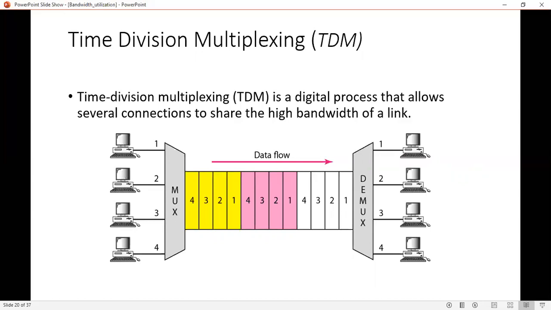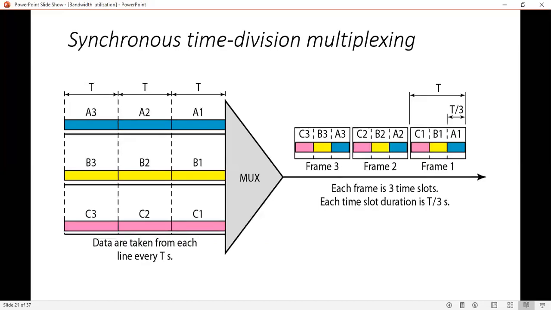Here you can see in the diagram the data flow, where you have 4 units each from 4 input lines. These 4 units each are the time slots. Next, there are 2 types of time division multiplexing: synchronous time division multiplexing and statistical time division multiplexing.